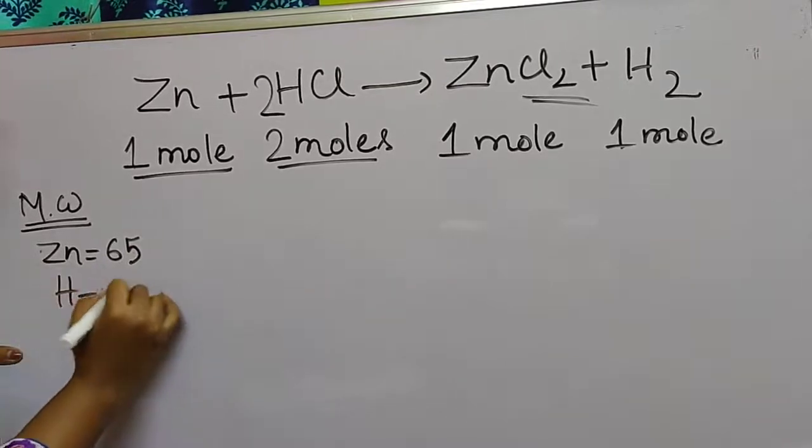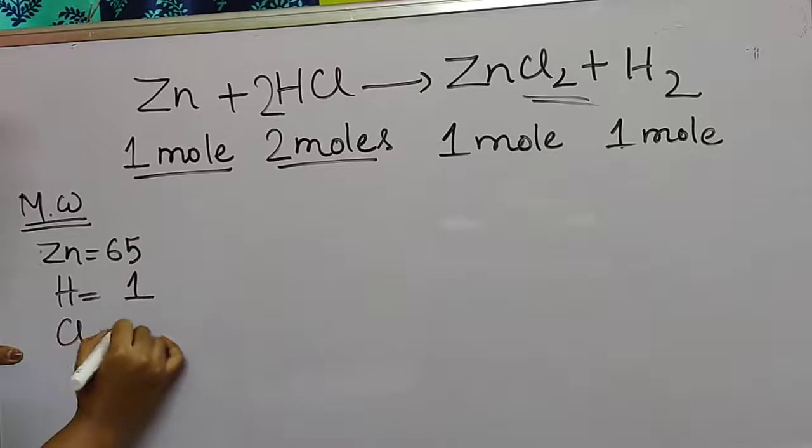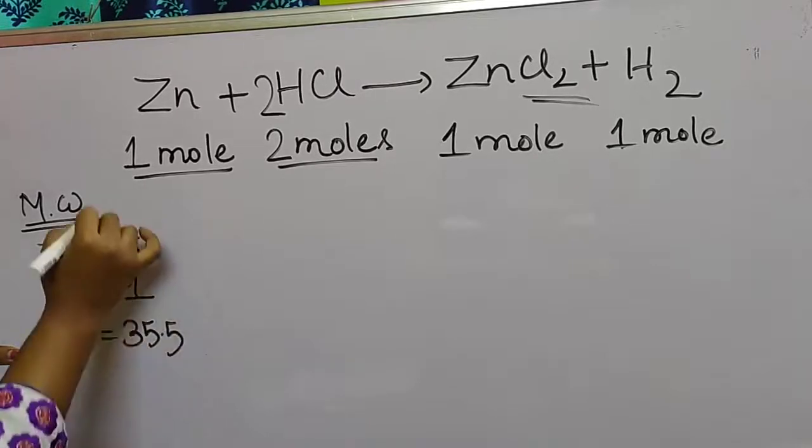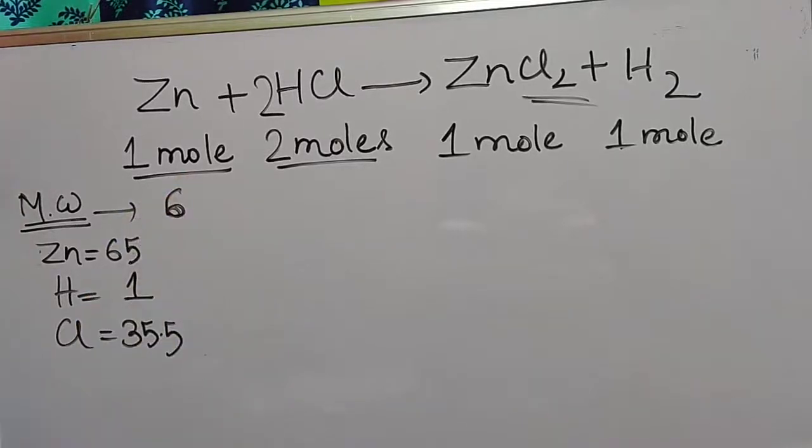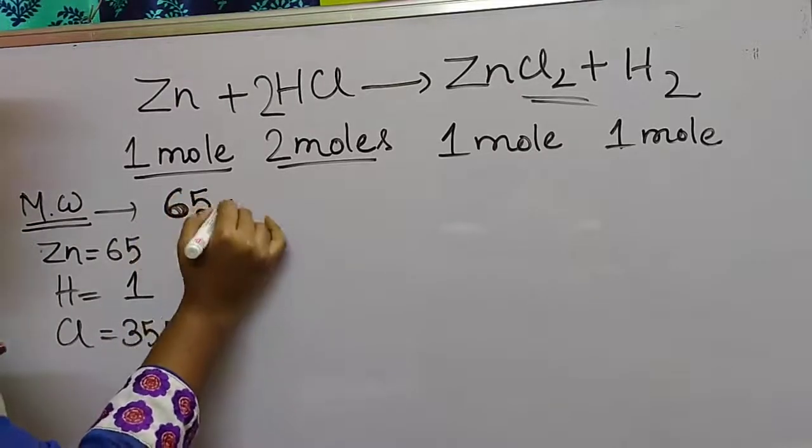For hydrogen it is 1, for chlorine it is 35.5. As zinc is monoatomic, its molecular weight is 65 gram.